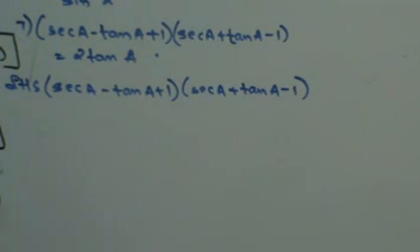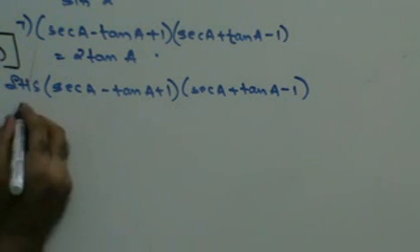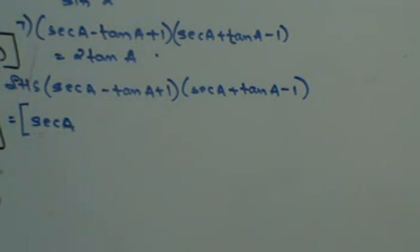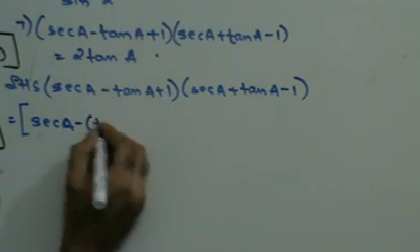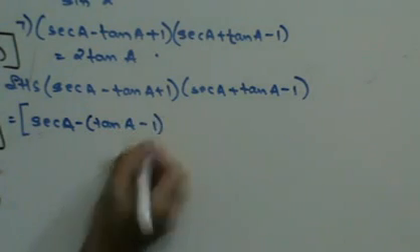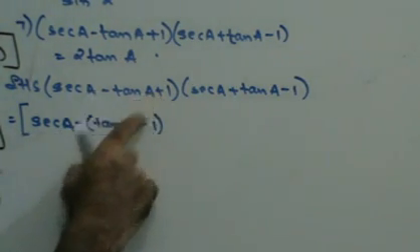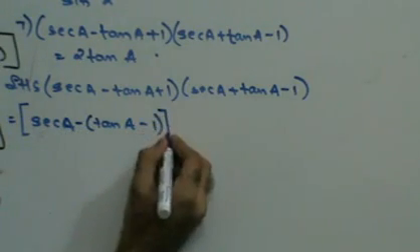Now, guys, I could rearrange this. This can be written as sec A, and between these two terms, I could take the minus sign common. If I take minus sign common, I will get (tan A minus 1). Guys, see this, minus into minus is plus. That plus I am splitting as minus into minus.